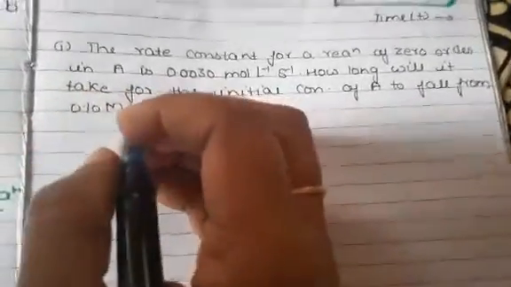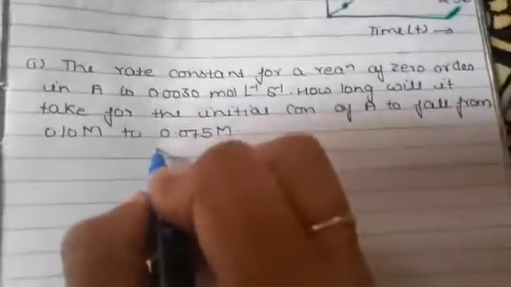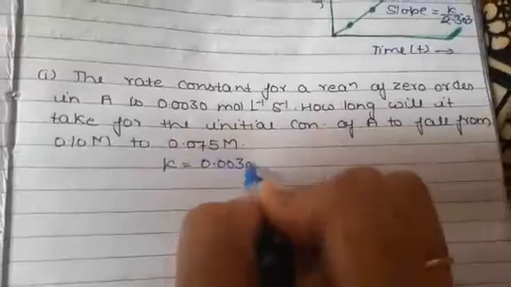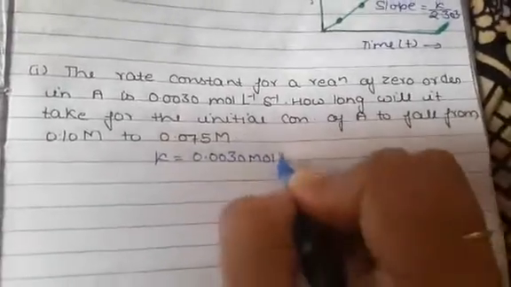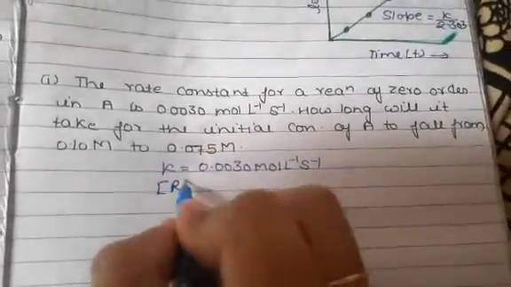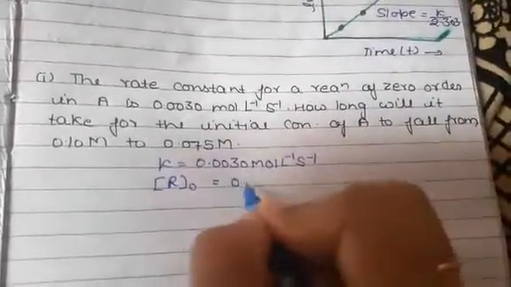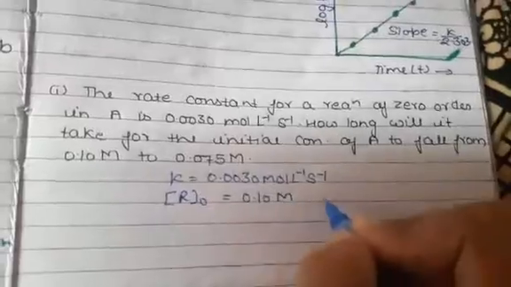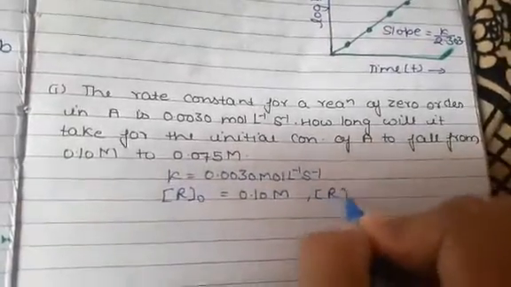Okay, students, so what is given here: K equals 0.0030 mole liter inverse second inverse, and the initial concentration R0 equals 0.10 M.